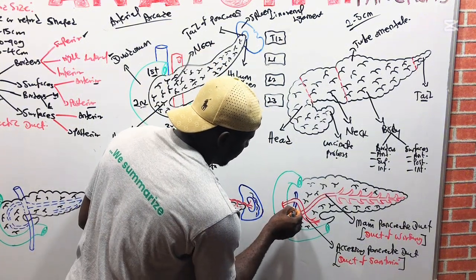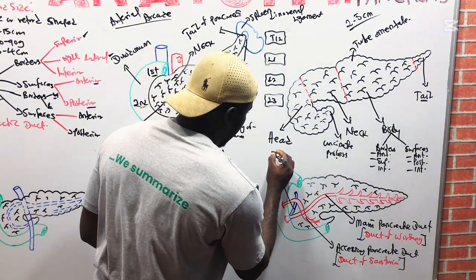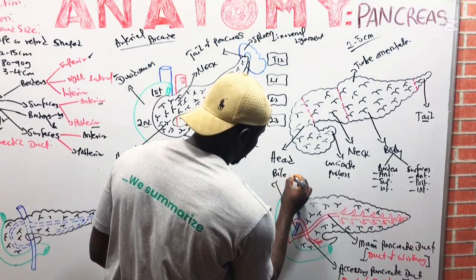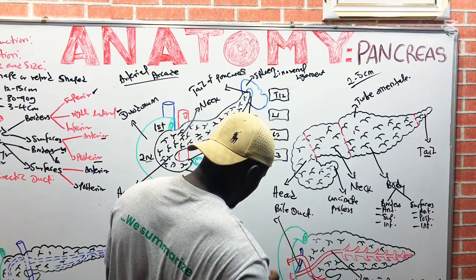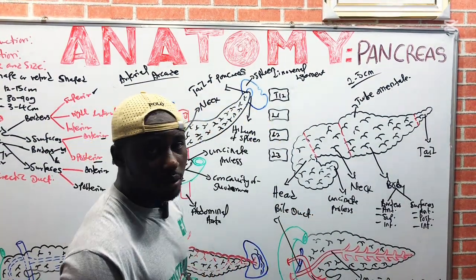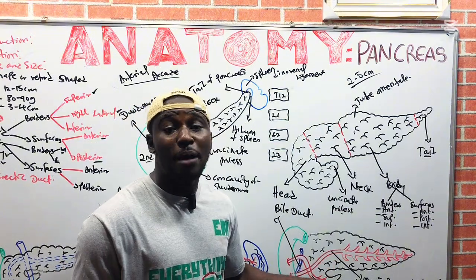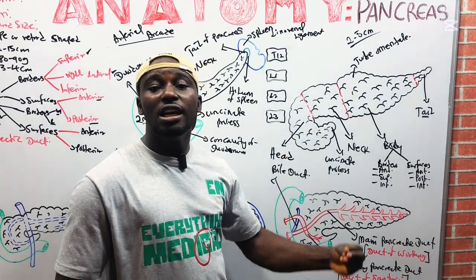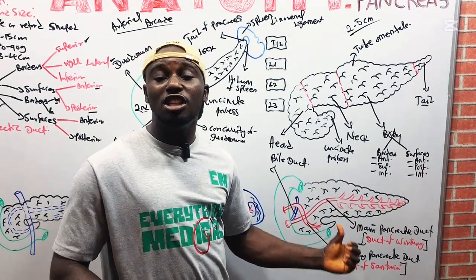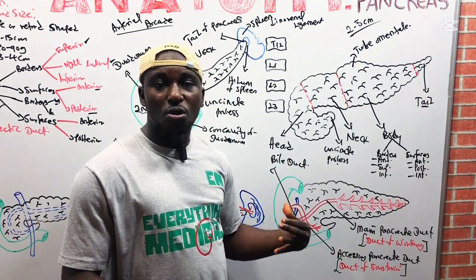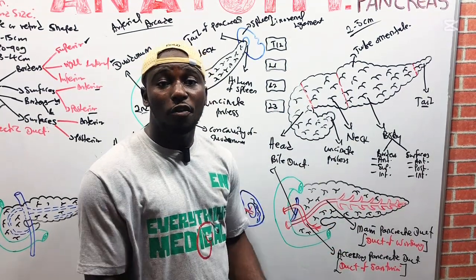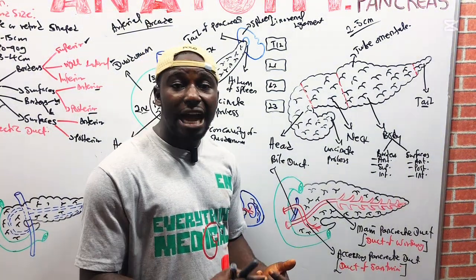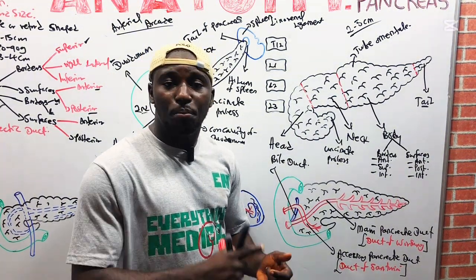We also have the bile duct. Now, the ducts of the pancreas are responsible for the drainage of the exocrine secretion of the pancreas into the duodenum, which helps in the digestion of lipid, carbohydrate, and protein.